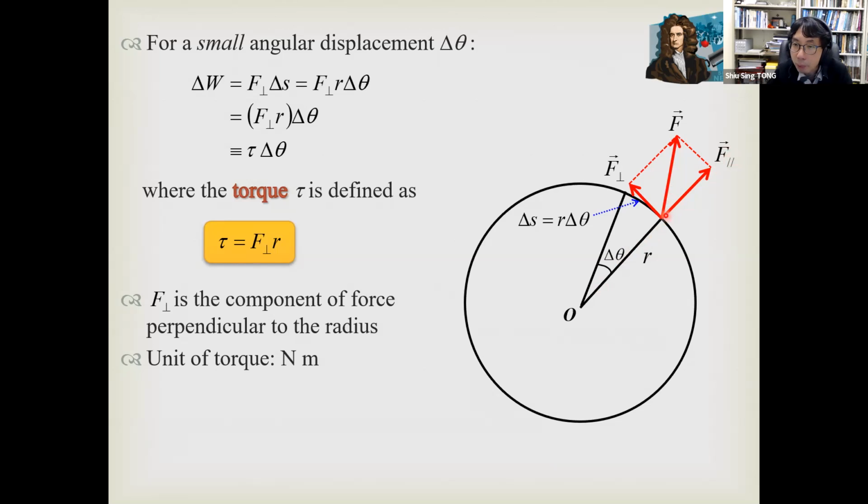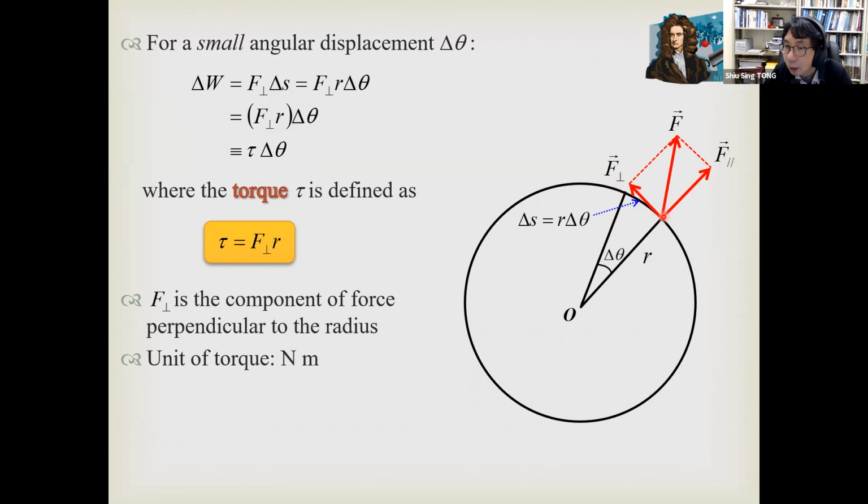Now, when the body moves a small distance forward, the parallel component of the force does not do work because it's perpendicular to the displacement. It is the perpendicular component of the force that does work. So the work done is the perpendicular component of the force multiplied by the small distance. The small distance is the arc length.